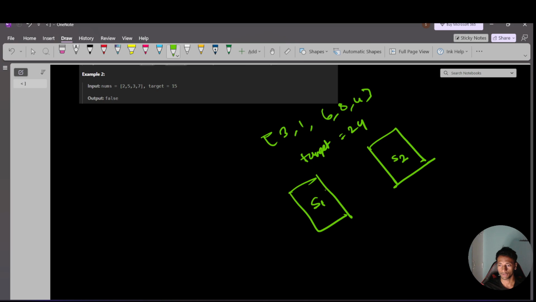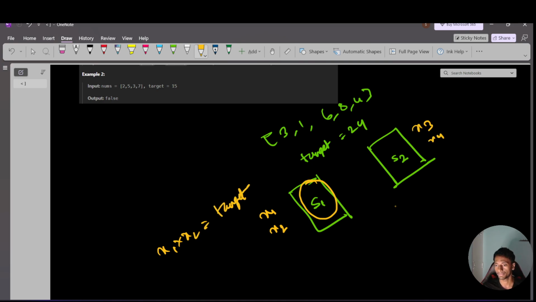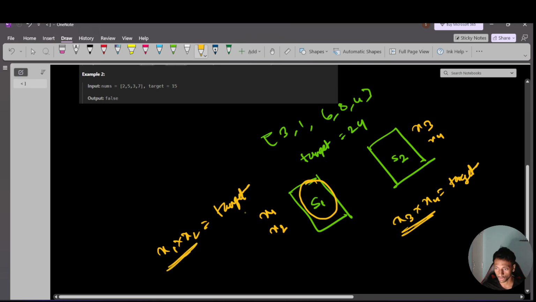We have to find out whether any partition is possible, such that if subset 1 has x1 and x2, the product x1 into x2 equals target. Similarly, if x3 and x4 are in subset 2, then x3 into x4, the multiplication of all numbers in this subset, is also equal to target. So we have to find out whether such a partition is possible or not.